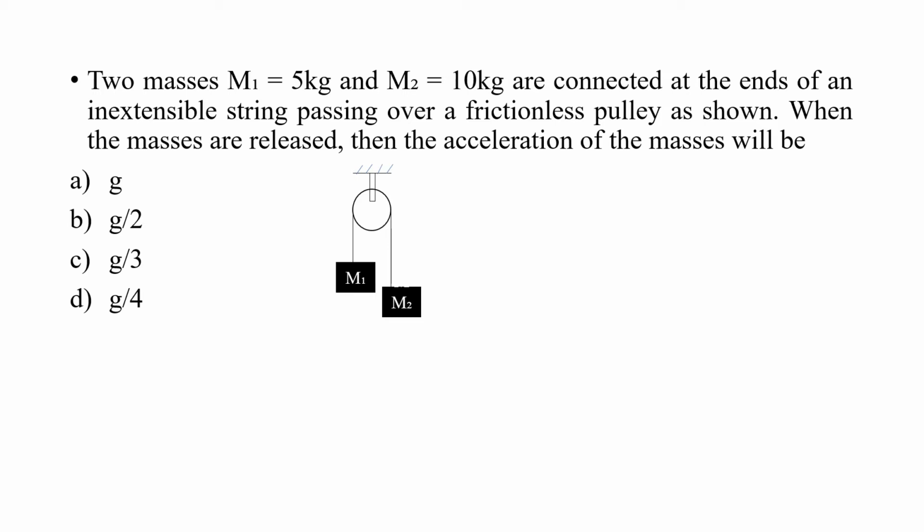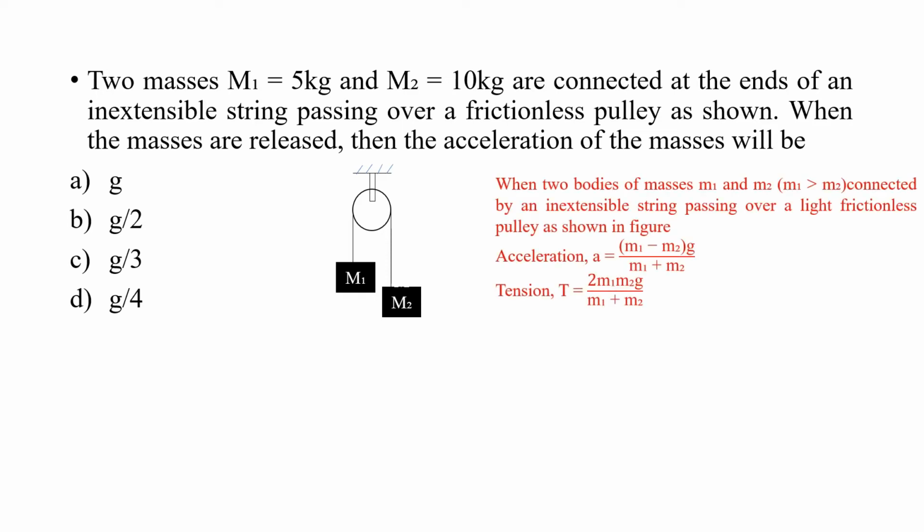In this problem, you were asked to find the acceleration of two masses m1 and m2 connected by an inextensible string passing over a smooth frictionless pulley. For solving this problem, we are using the following concept.